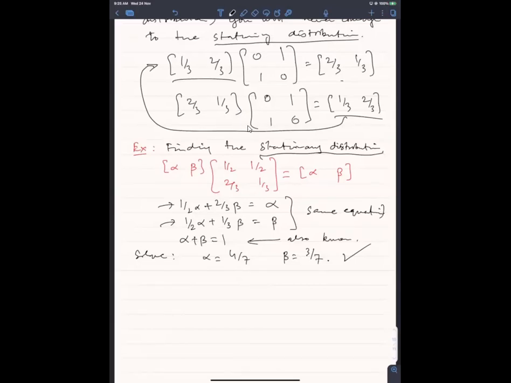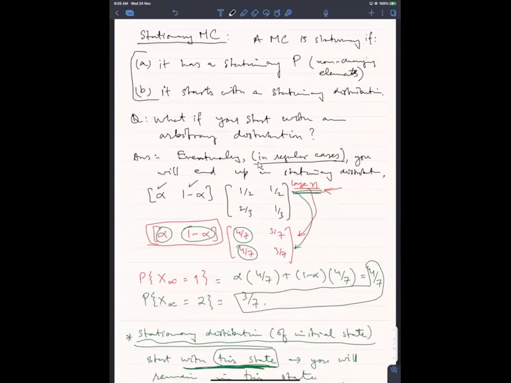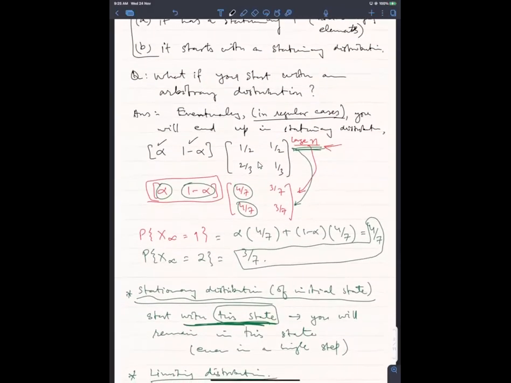Above, you said that if we start from an arbitrary distribution and take large enough n, then the matrix turns to 4/7, 3/7, 4/7, 3/7. Can you repeat that? Yes.